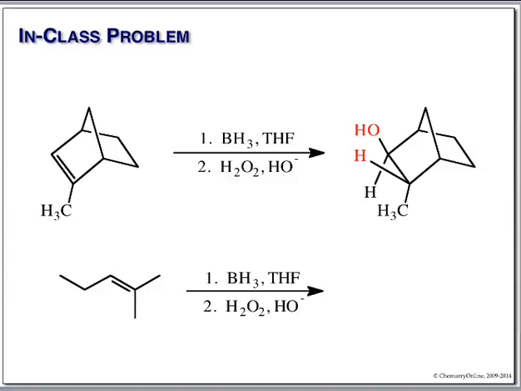Hydrogen's going to go on here. They're going to be cis stereochemistry, but again, because we have a single bond, we don't have to show that. Anti-Markovnikov alcohol, cis or syn addition.